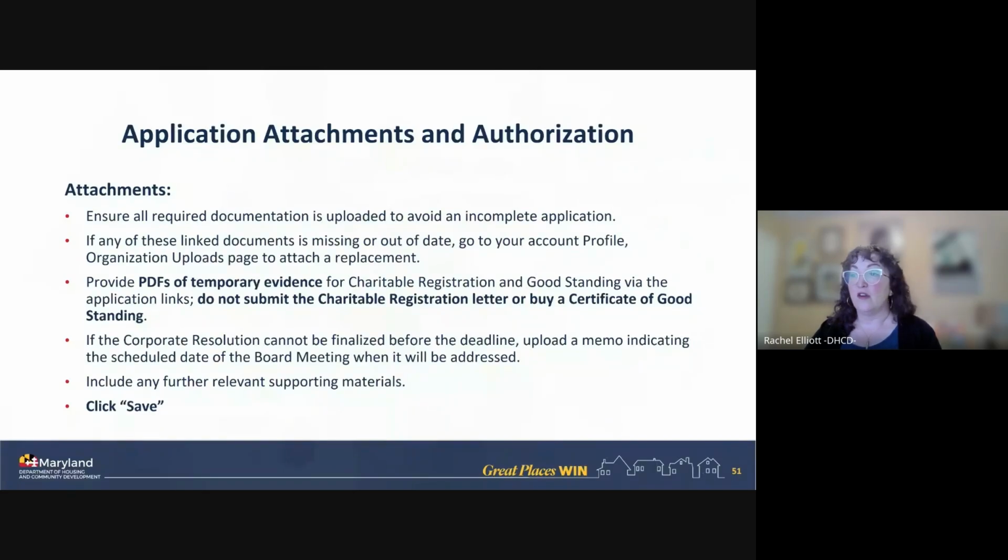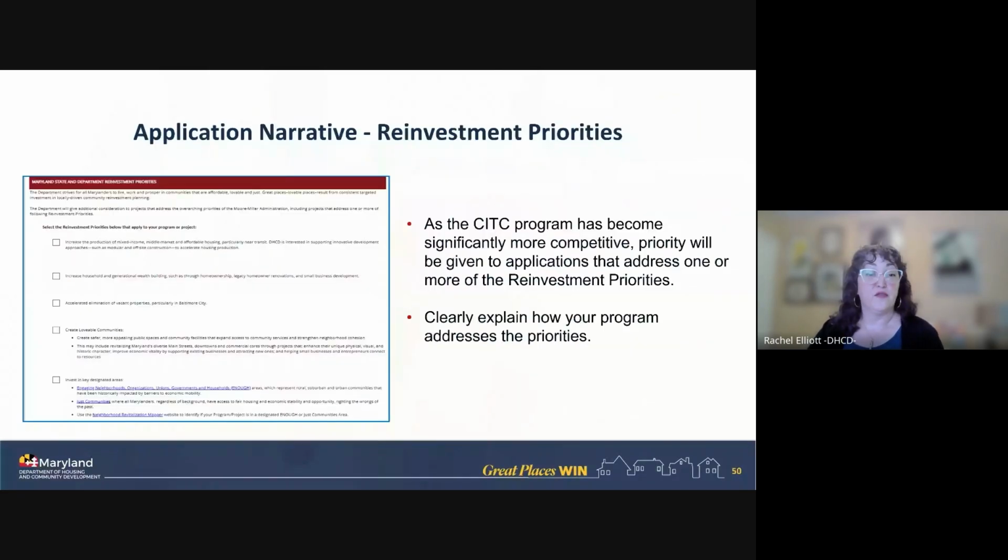There's a narrative portion that is 4,000 words long, twice as long as any other section, for you to clearly elucidate how your project addresses the core priorities of the state of Maryland and our neighborhood revitalization department priorities.